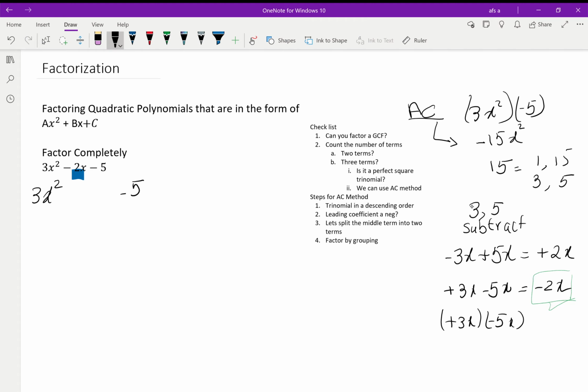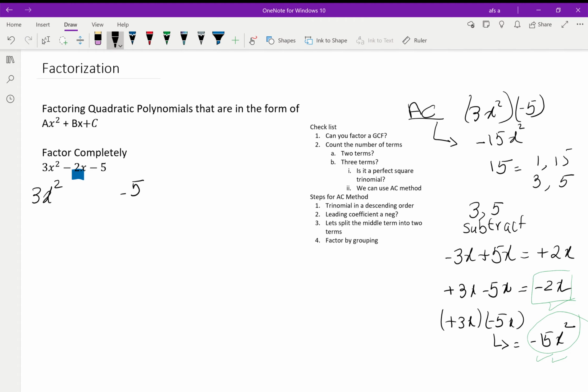But if it doesn't, then that is not the right term. And in this case, it actually does work out, and it does give you the AC product. And because it does, I am allowed to come in and split the middle term, which was a negative 2x, into a positive 3x and a minus 5x.